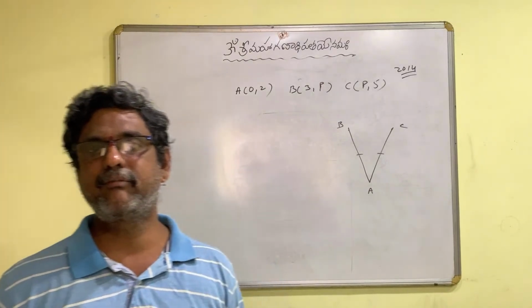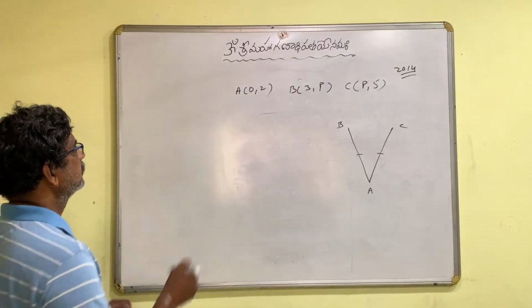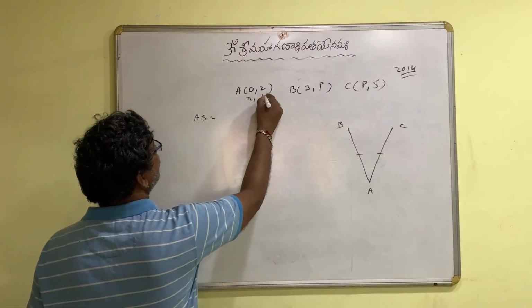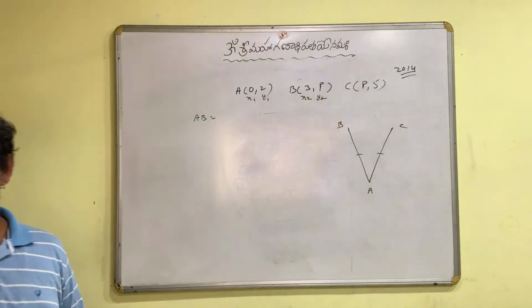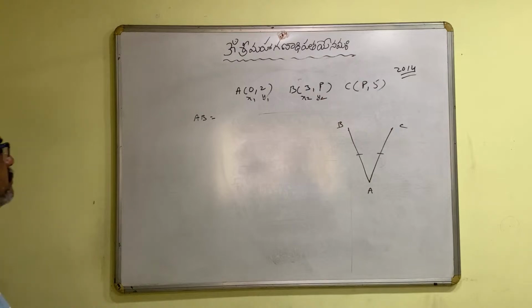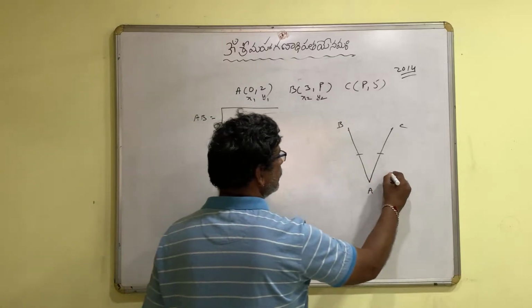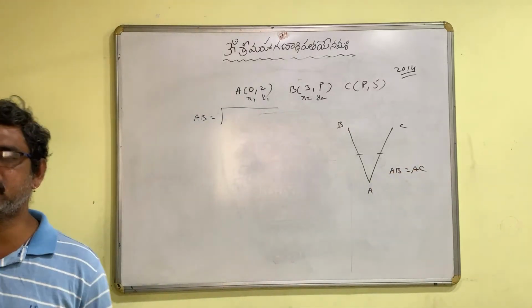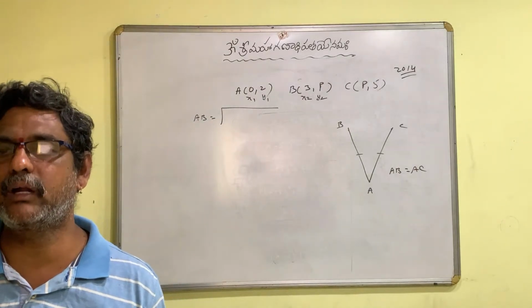So children, calculate the distance between AB first. Let it be x1, y1, x2, y2. Given AB is equal to AC, the distances are equal.